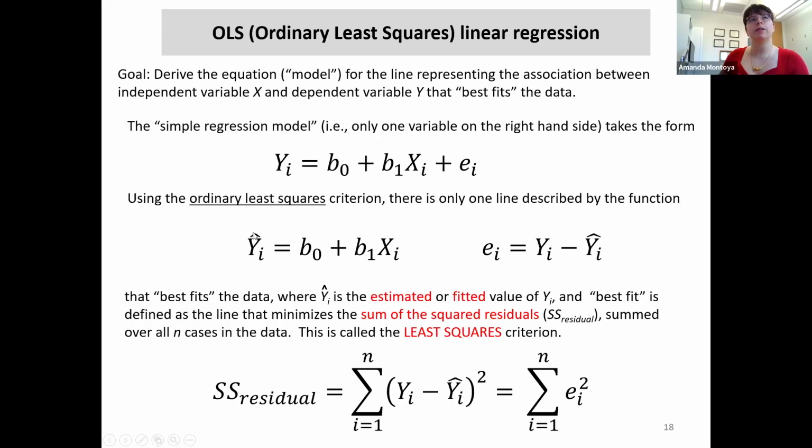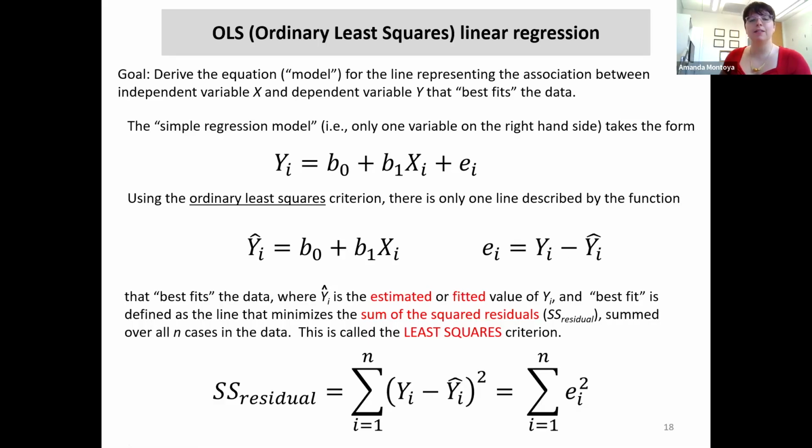When I put a little hat over the y, this means the predicted score, and you'll notice that drops off the residual on the right-hand side, because the residual makes it the real, observed score, but the hat part means just the model. The residual we can think of as the difference between the observed score and the predicted score.